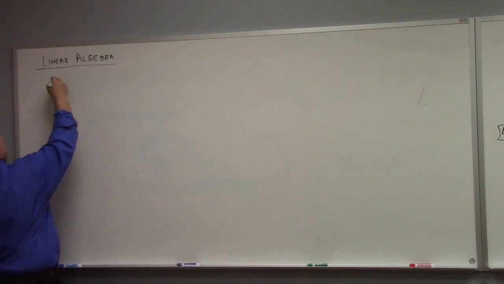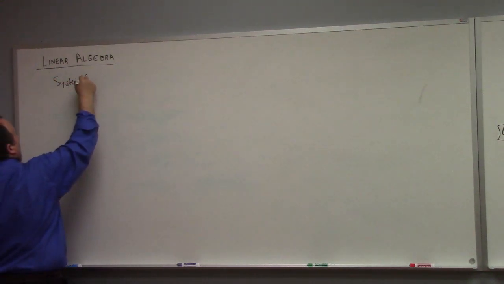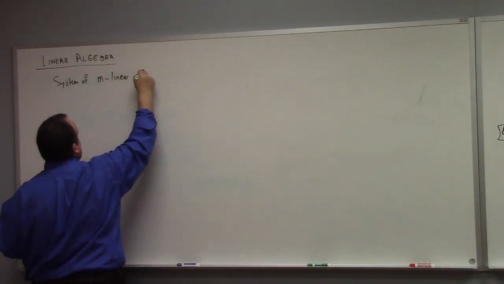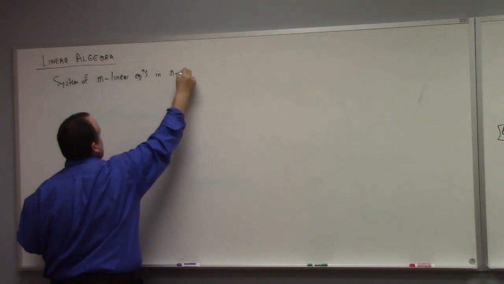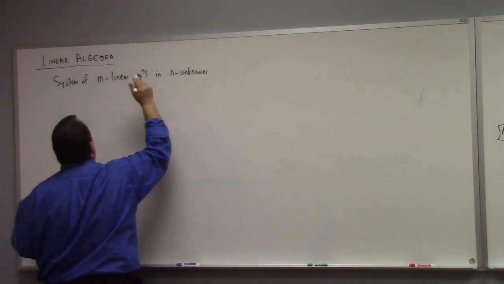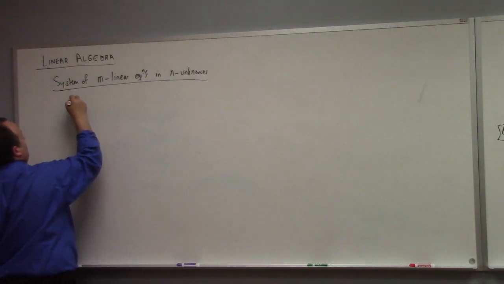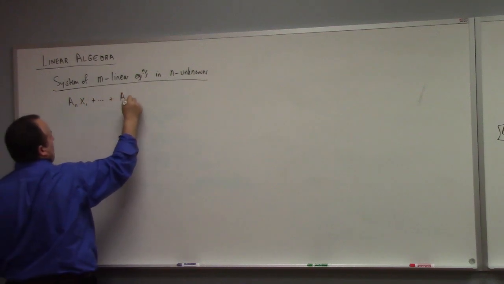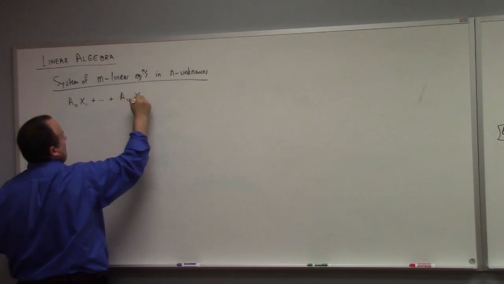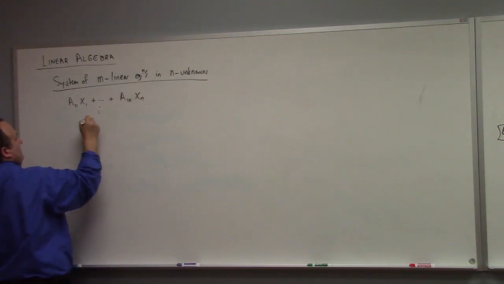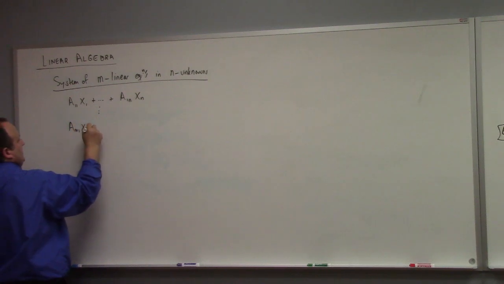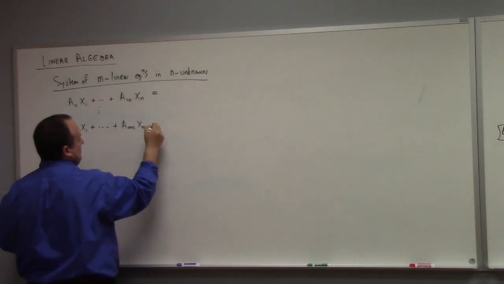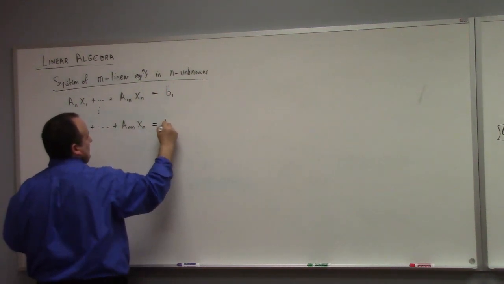Before we get there though, a system of m linear equations in n unknowns. So how's that look? Something like a11 x1 plus da da da plus a1n xn, and this goes on, right? am1 x1 plus da da da plus amn xn equals, so I usually write b1 over here, bm.